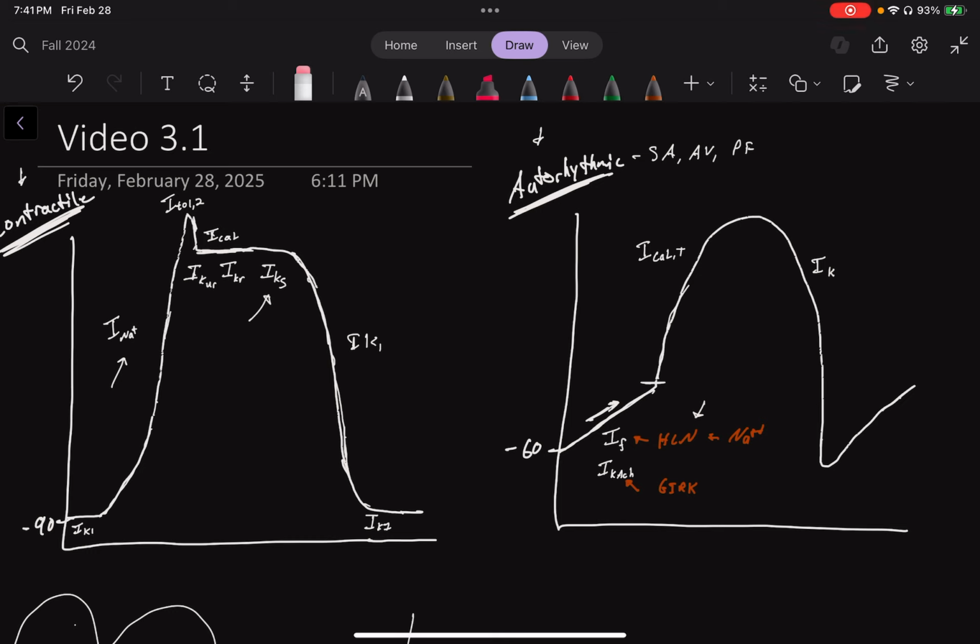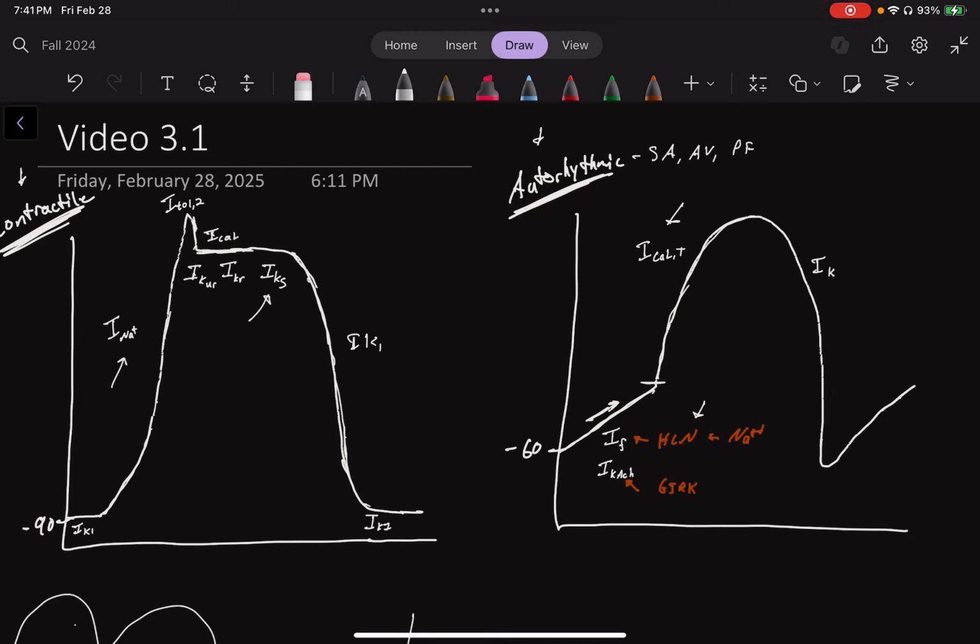Lower down here, and that helps get the membrane potential up to the L-type calcium channels' threshold, and that ultimately causes this big hump. Now, it's more of a hump instead of a spike, and that's because the calcium channels take longer to close than the sodium channels do, right?